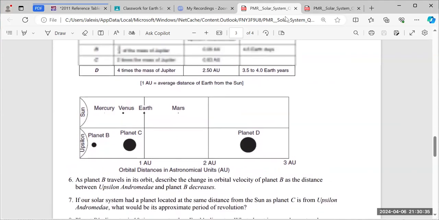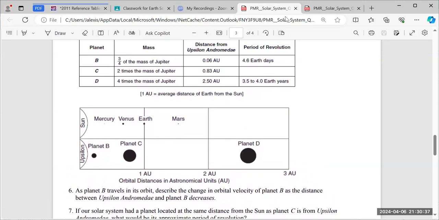So question 6 says, as planet B travels in orbit, describe the change in orbital velocity of planet B as the distance between Upsilon Andromeda and planet B decreases.